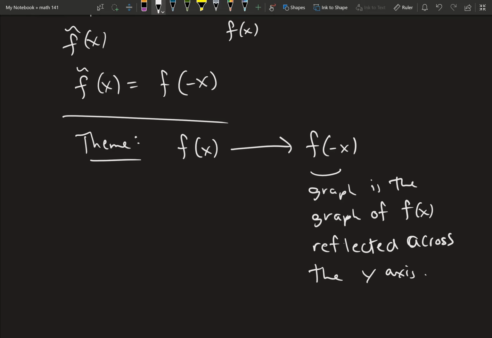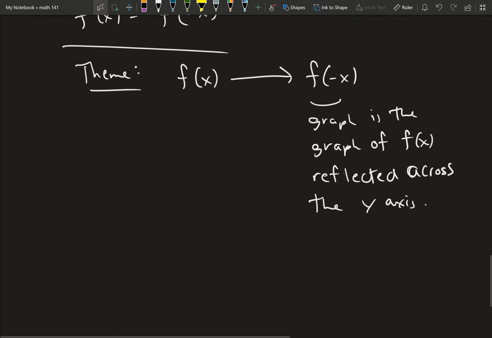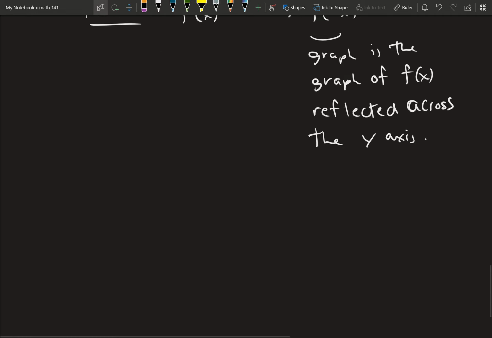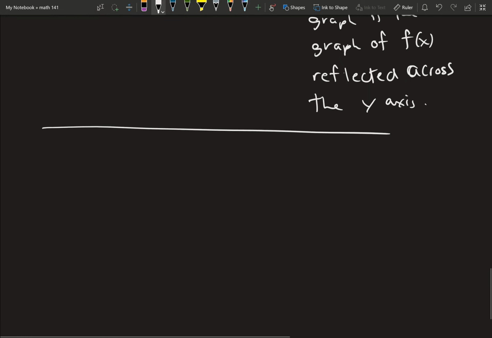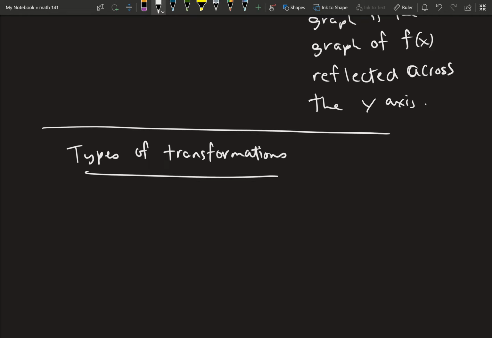Okay. So let me summarize all of the items in general that we have done so far, because there are 4 types of transformations that we have seen. So types of transformations, just so you have seen it all in one place, and then we'll do some examples where we mix a lot of these together.